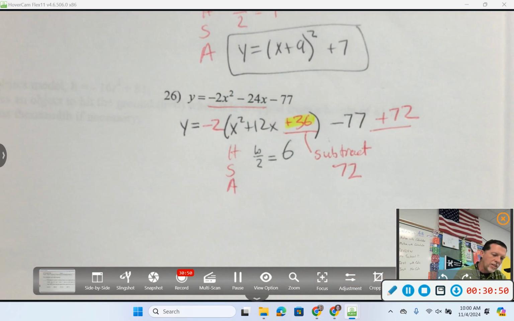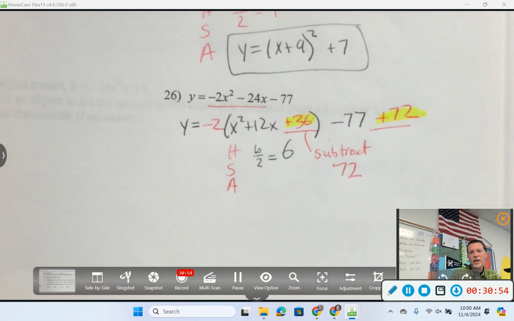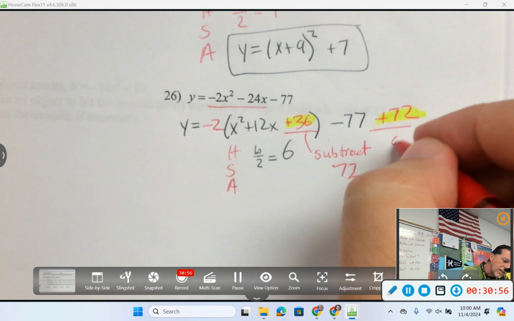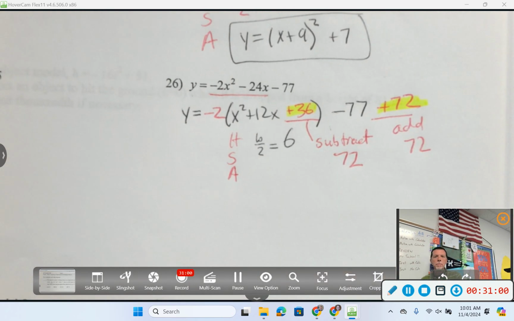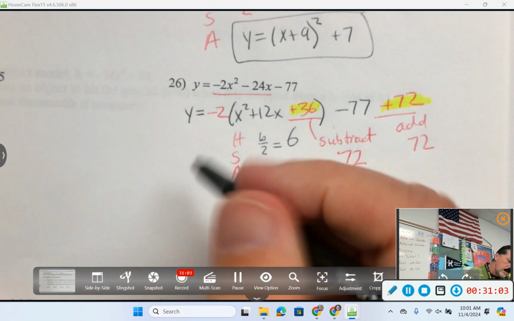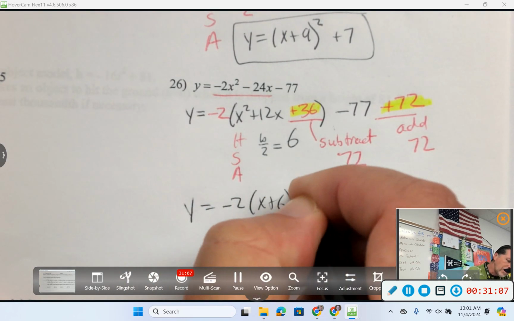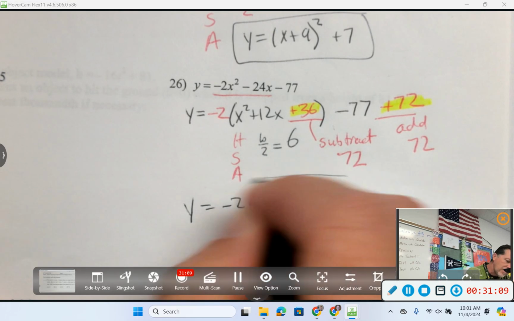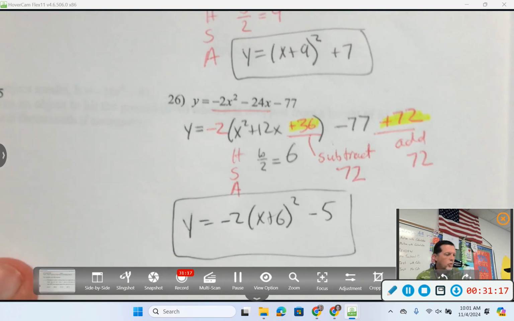Okay, so that one, I think that's as hard as it gets because it was a negative multiplier, so we really had to be careful about keeping things in balance there. So negative 2, x plus 6 squared minus 5. All right, that's all of the evens through 26.